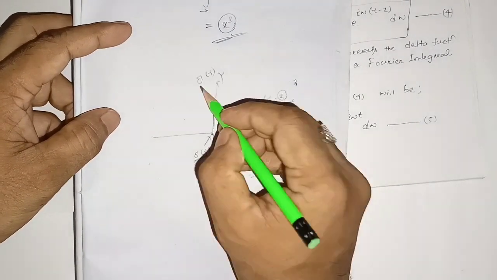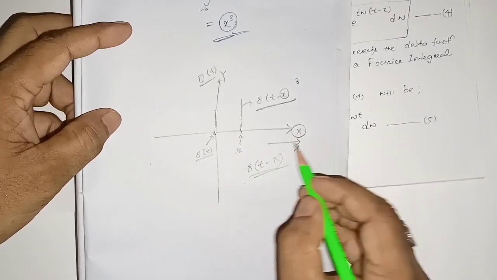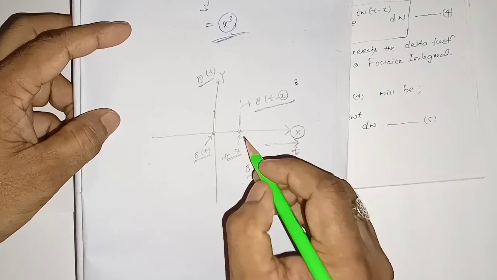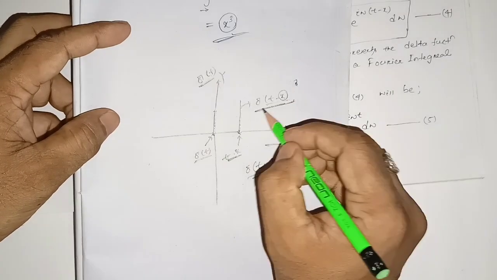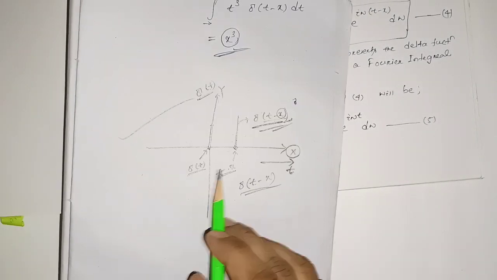So at 0 this is your delta(t). At any point on this axis, suppose t equal to x at this point, this is represented as delta(t minus x). These things we already know from when we discussed the delta function.